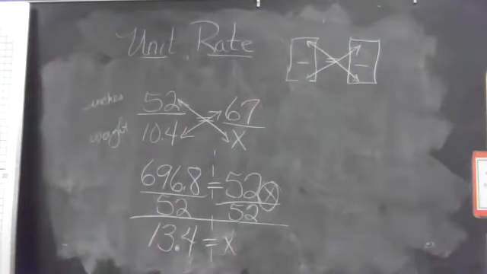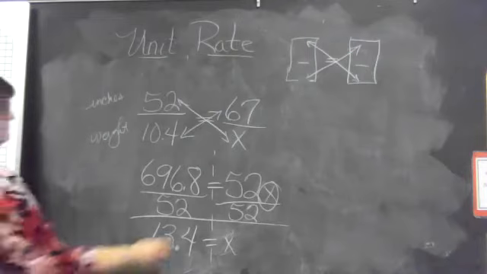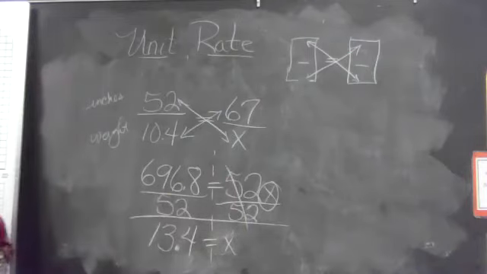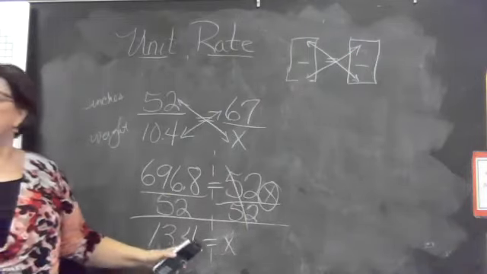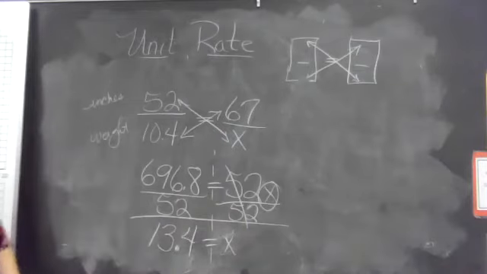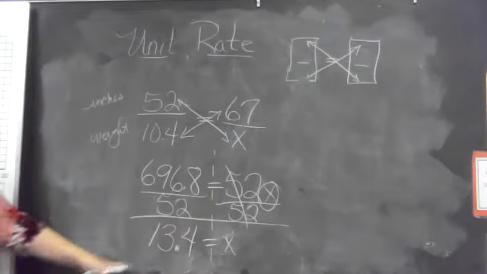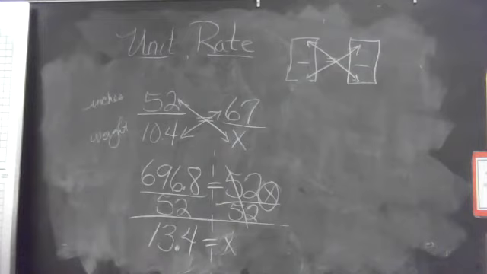Oh, sorry. You found your mistake, Brandy? I think so. Okay, go ahead and try. I'll give you some time. The rest of you, I've just got a number. What is it? 13.4. What's 13.4? Pounds. Look and see where your x is in the problem.